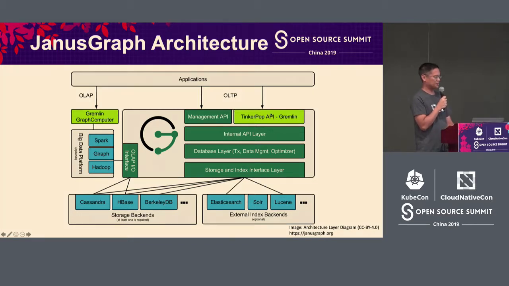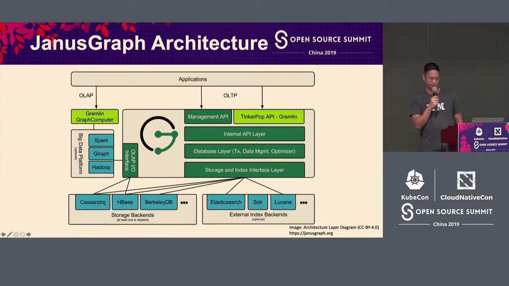The TinkerPop APIs, the structure, and the language. But these darker green boxes, this is what JanusGraph provides. It provides a management layer for managing your schema. It provides the database layer for doing transactions and data management. But probably the best part for us was the flexible storage and indexing layer. So this is an abstraction that allowed us to experiment, again, with different storage backends.